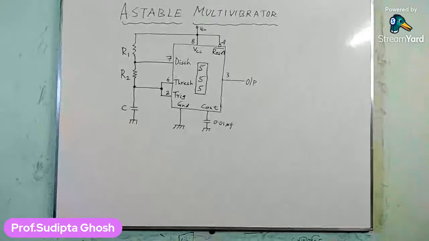Now, what will be the output at this particular time? The output of the timer becomes high. Why?